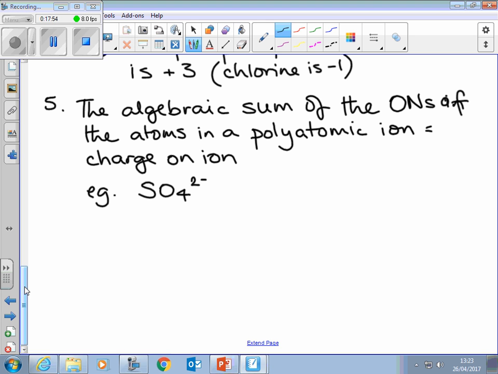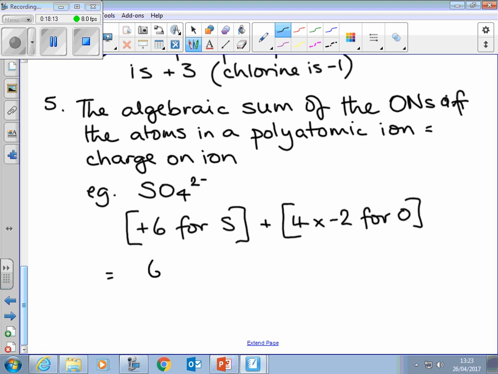So what you have is +6 for the sulfur, plus 4 lots of -2 for the oxygen.